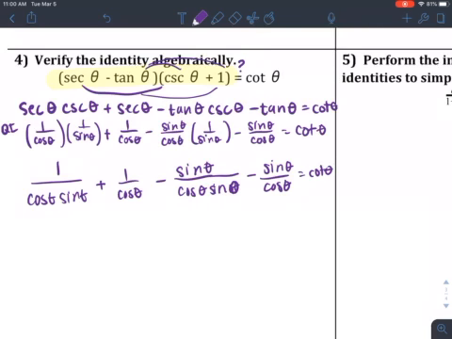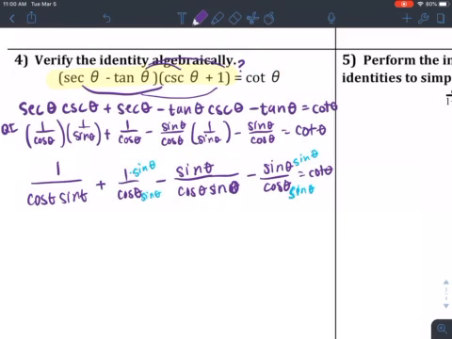How do you add fractions, y'all? I think we need a common denominator. So it looks like a common denominator would be sine theta cosine theta. So I'm going to multiply the top and bottom of this fraction by sine theta and the top and bottom of this fraction by sine theta.